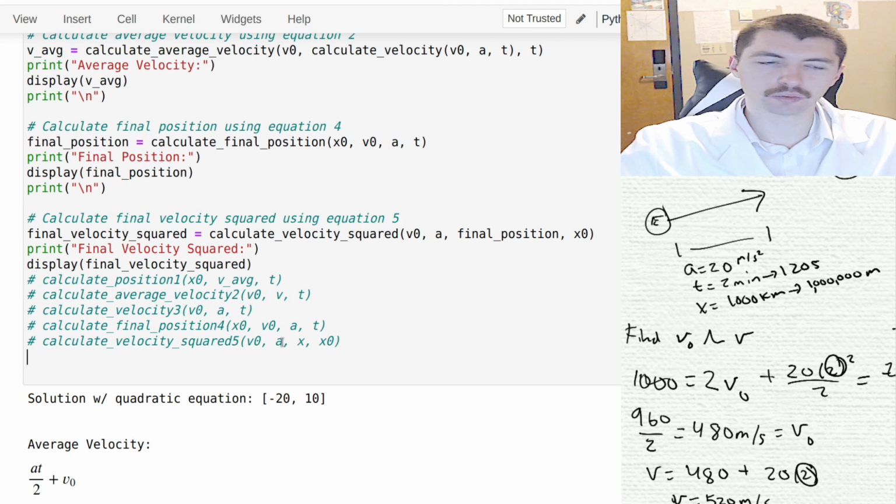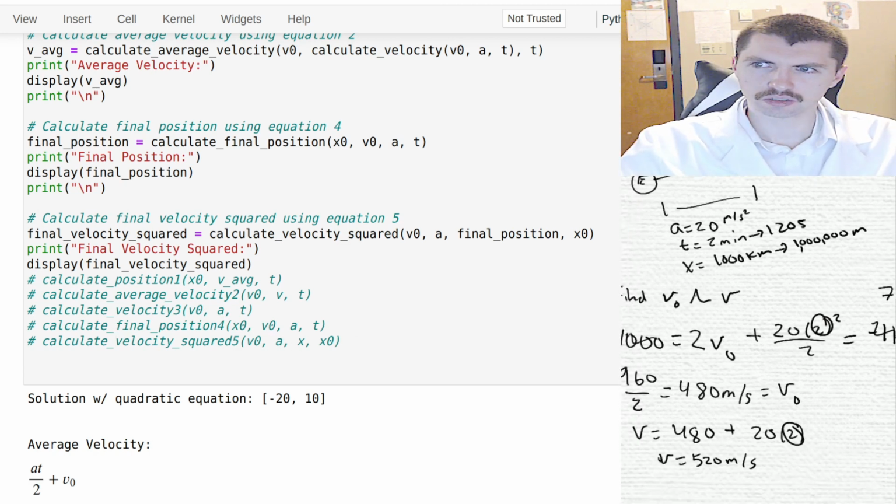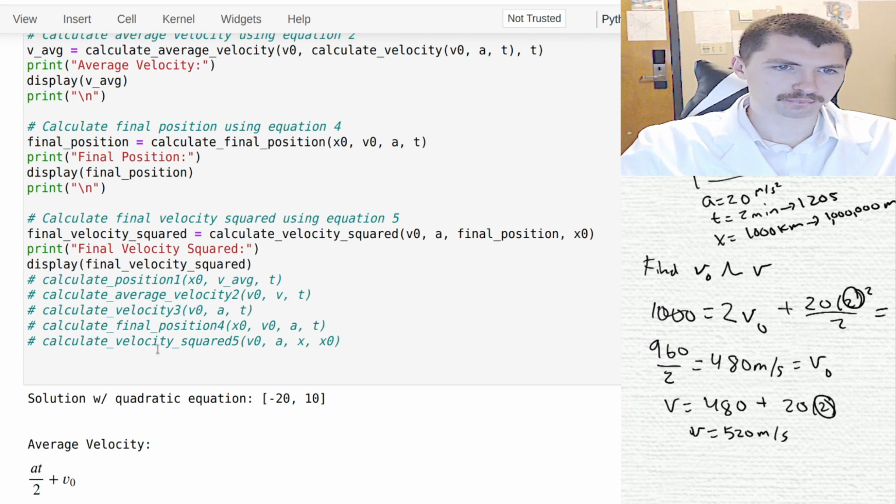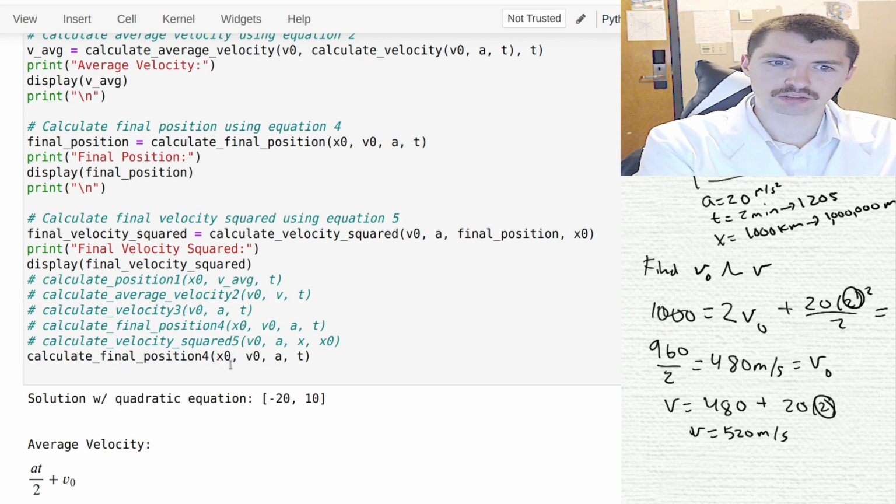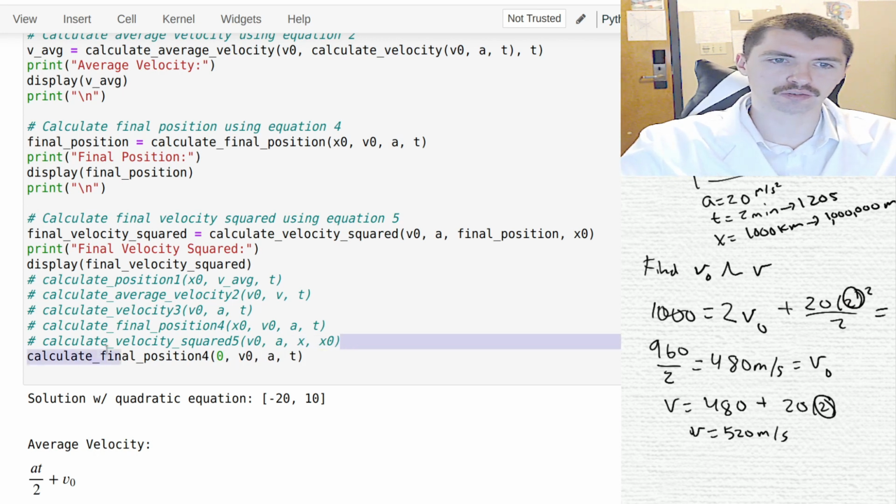So what do we have? So we want to use equation. We want to use this one. Final position, x naught is 0. No, we want to use this one. No, we want to use this one. V naught.